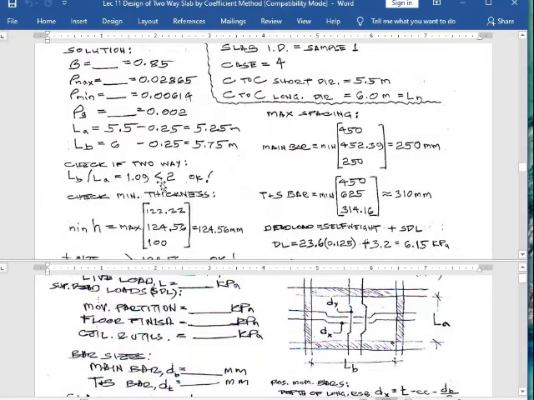Ang basic concept nito, kapag lumampas ka ng dalawang square sa loob ng slab, gagamit ka na ng one-way. So, LB all over LA, that means 1.09 squares, it is less than 2. So, okay siya.